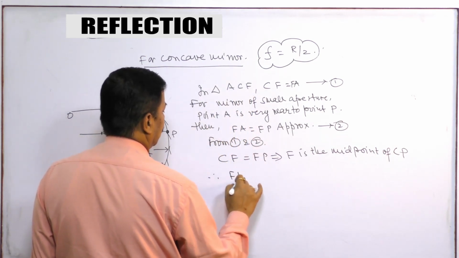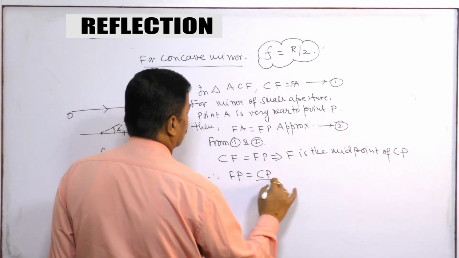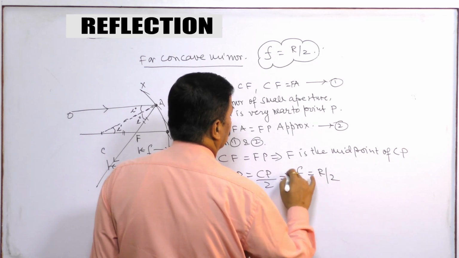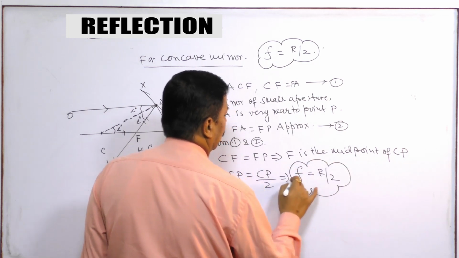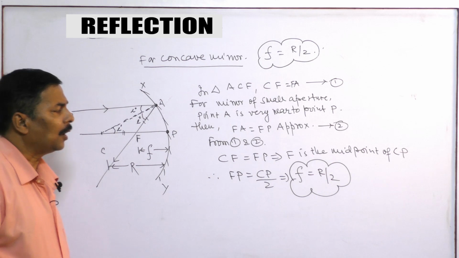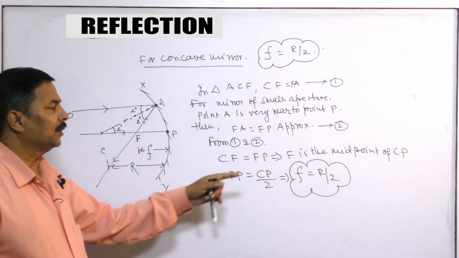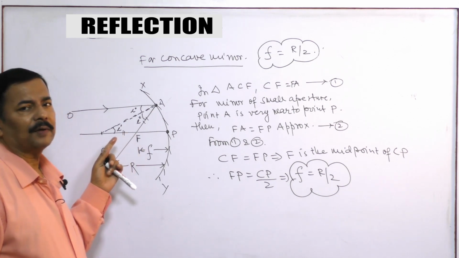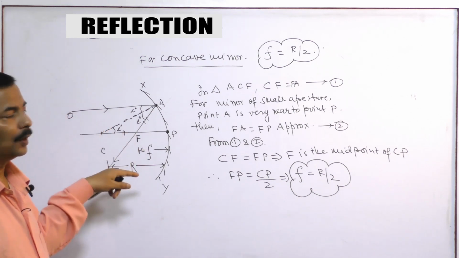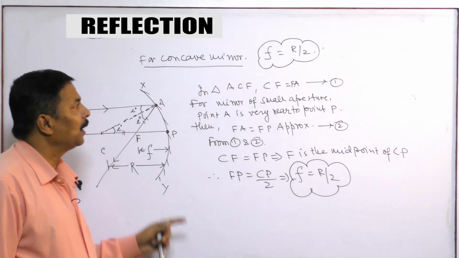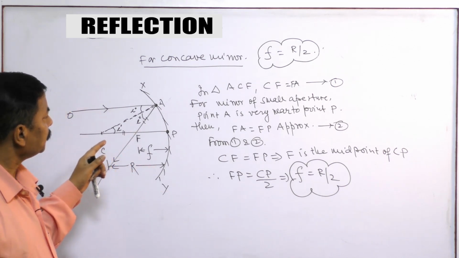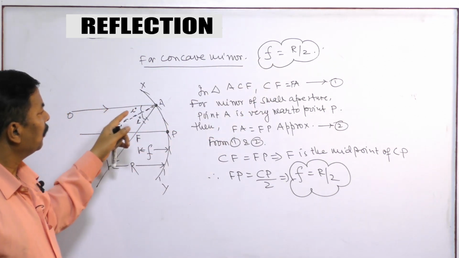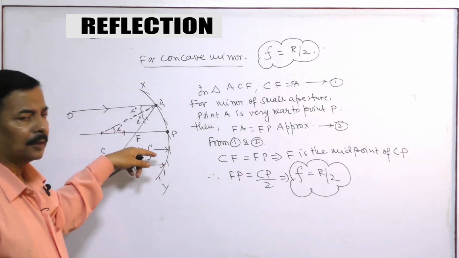Therefore, FP is equal to CP by 2. That means f is equal to R by 2. Here you see, for a mirror of a small aperture, focal length is half of the radius of curvature. If radius of curvature is 40, focal length is 20, and like that only. So this way we have proved the formula f is equal to R by 2 for a mirror of a small aperture.